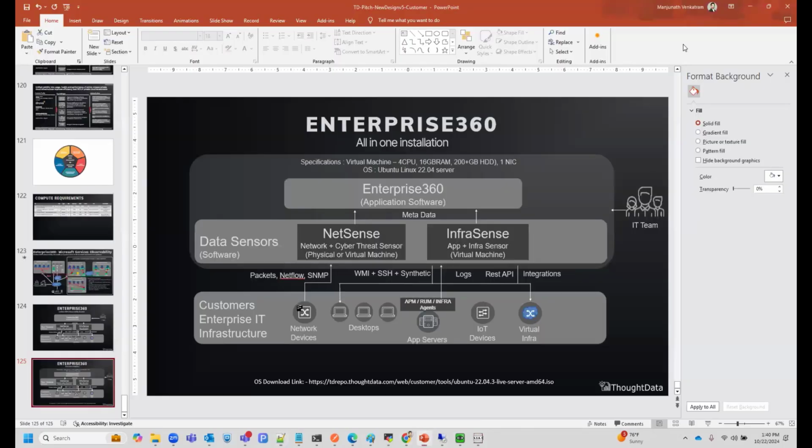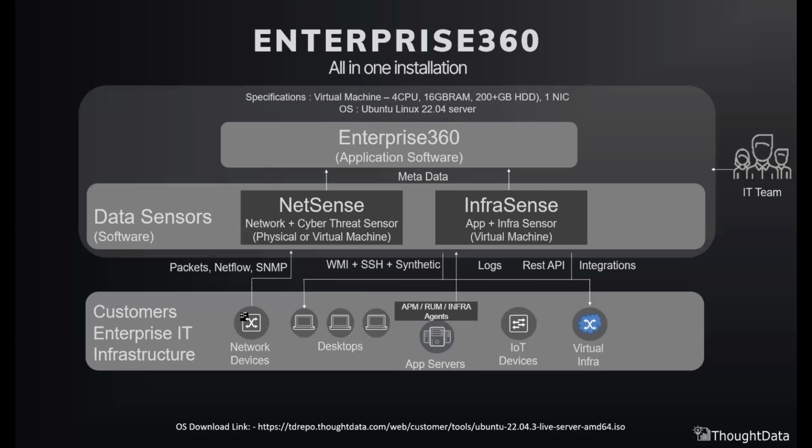One very important factor before you attempt to begin the installation of Enterprise 360 is to make sure that the virtual machine has internet connectivity. Make sure it has internet connectivity, because during the installation of the software, all the dependent libraries and everything get installed automatically. So internet connectivity is mandatory during the installation of Enterprise 360.